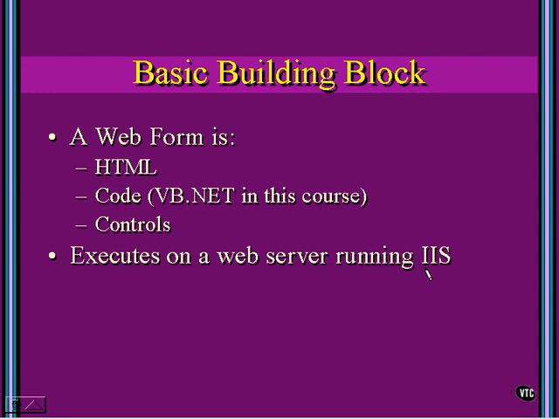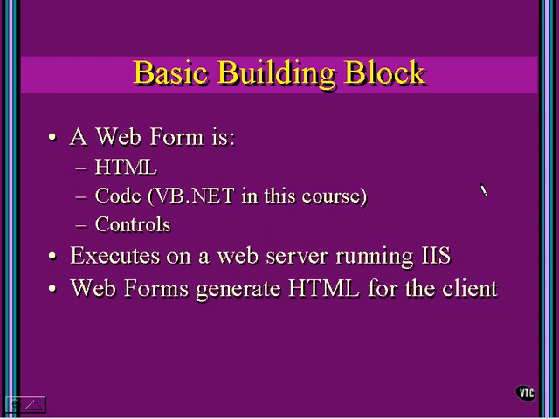Now, this is huge, and of course we're talking about Internet Information Server. Now, the web form, once it's compiled, generates HTML for the client. So keep in mind, it takes our code, our programming logic, our HTML, and from that generates new HTML that gets sent out to the client.